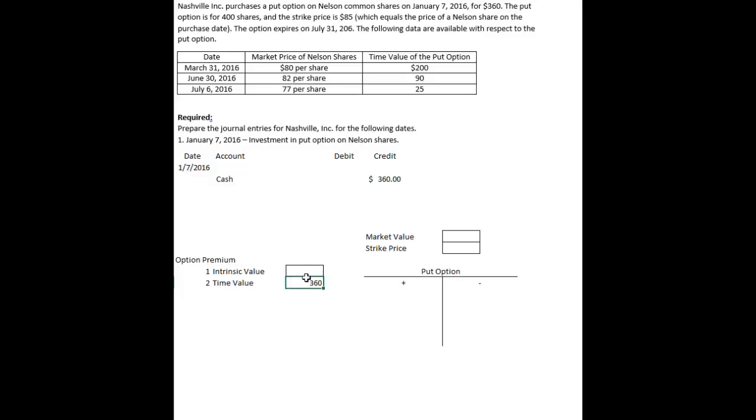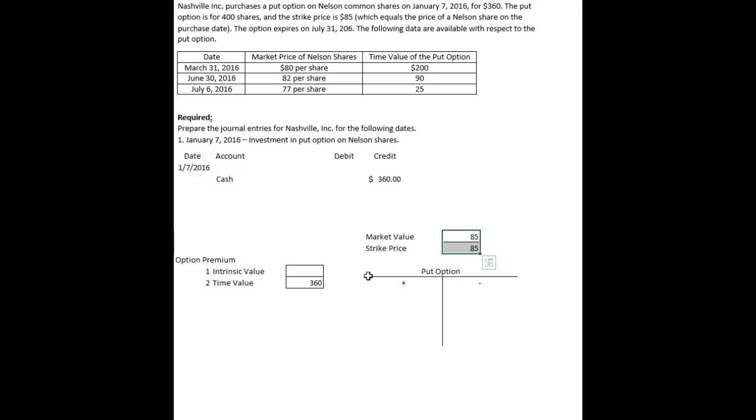The intrinsic value is defined as the market price per share. In this case, on the 7th, they tell us the $85 strike price equals the price per share. So the strike price and the market price match. And what that means is at this point in time, there's no value in this contract. There's no intrinsic value. It's not worth anything for me to go and buy a share on the open market for $85 and then sell it for $85.